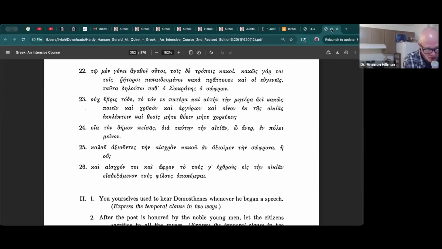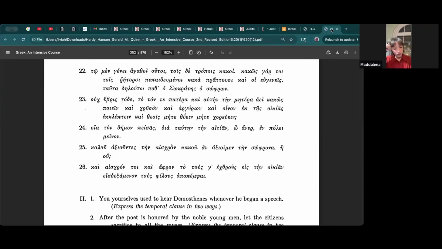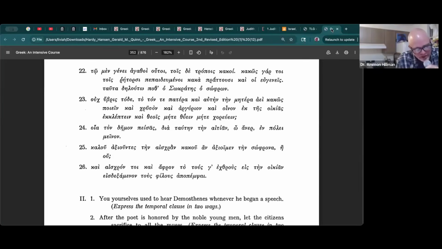I'm not thinking that way at all. So what can we figure? Well, with an on, that's got to be that potential optative, which is back on page 175. And if you're looking at page 175, you'll see they're translating that potential as may, might, could, or would.